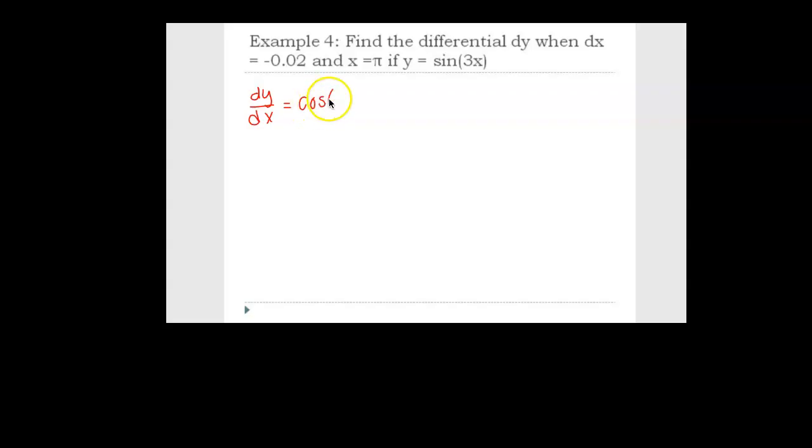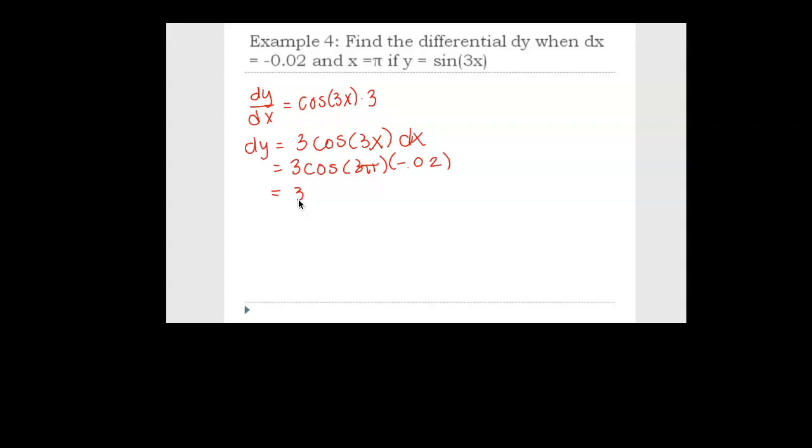So derivative of sine is cosine 3x times derivative of the inside, because it's a chain rule, derivative of 3x is 3. So we get cosine 3x times 3. Then we're going to isolate dy by multiplying both sides by dx. And then we're going to plug in x and dx. So I get 3 cosine 3 pi times negative 0.02.